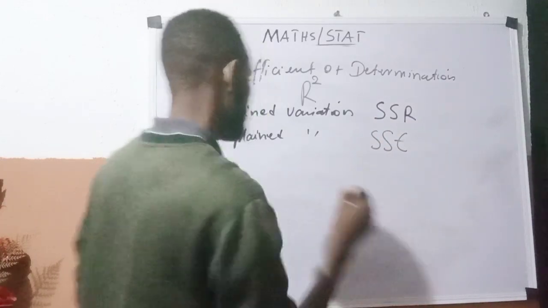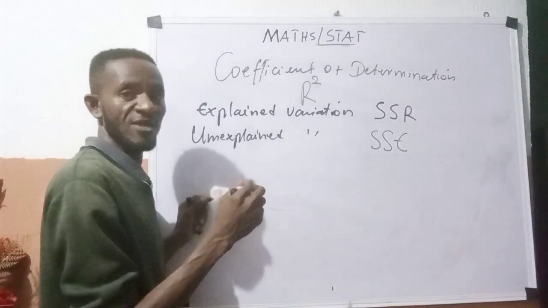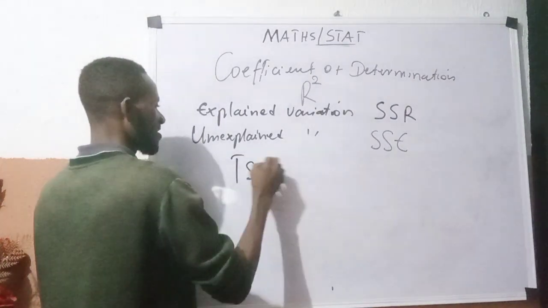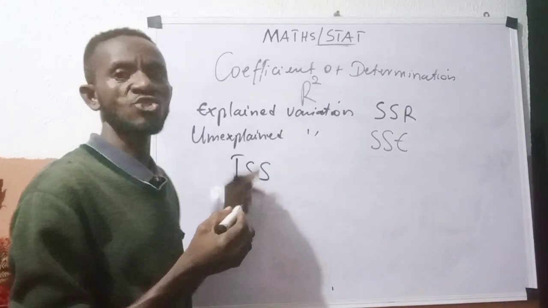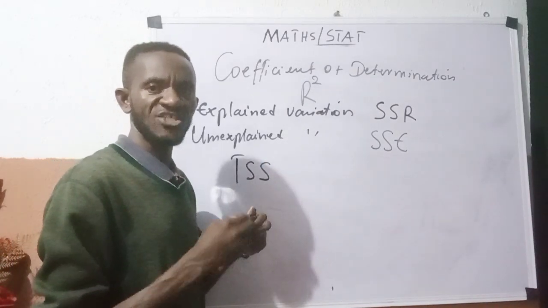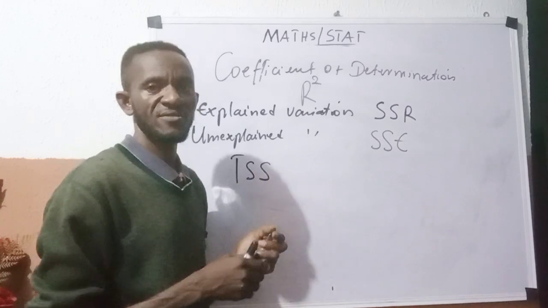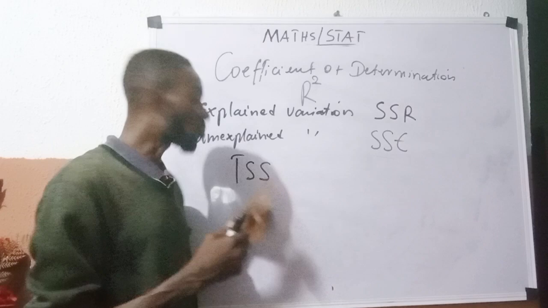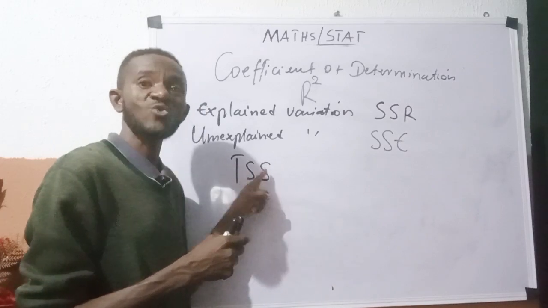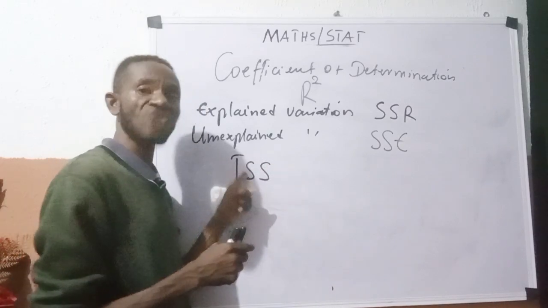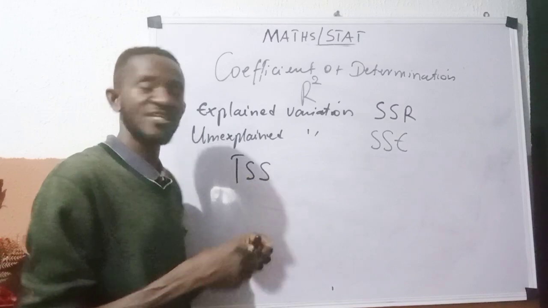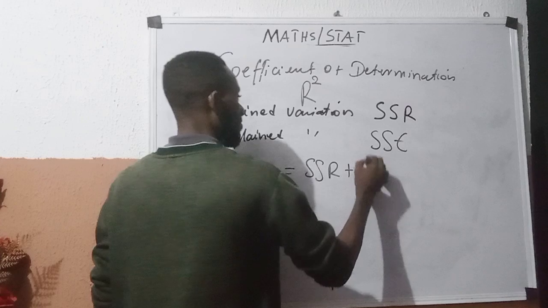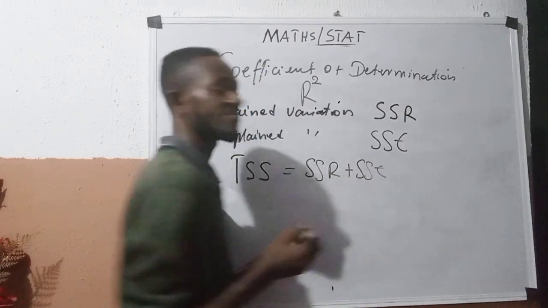The total variation, which I am going to represent with TSS, is the total sum of squared variation. Total sum of squared variation is given as SSR plus SSE.